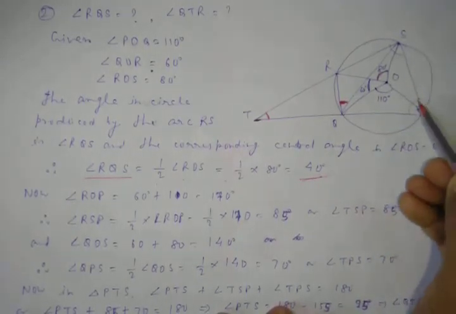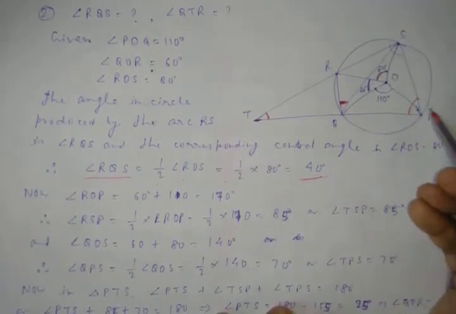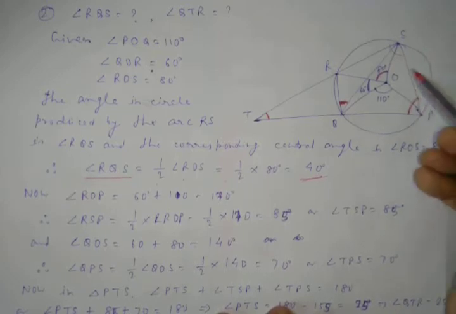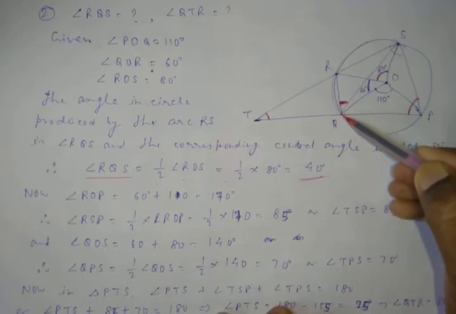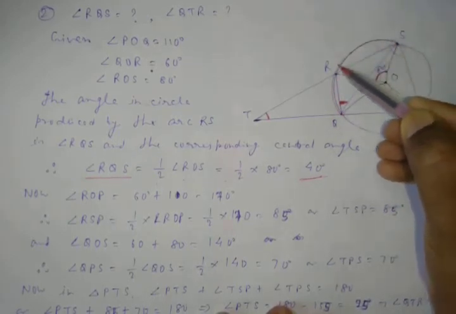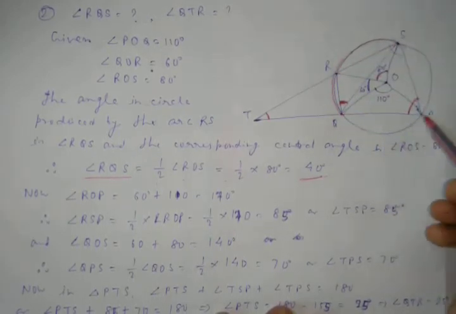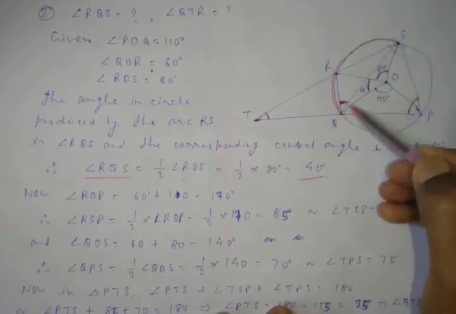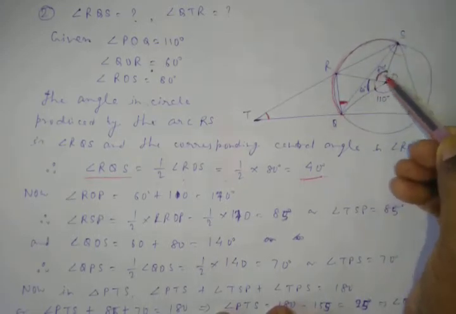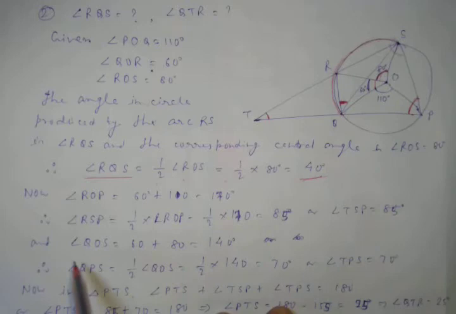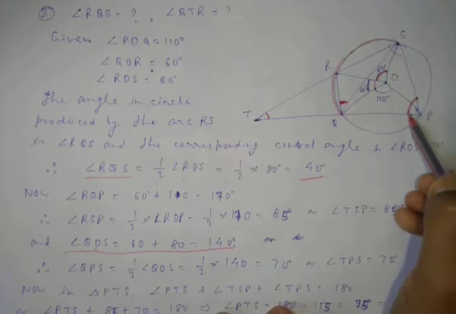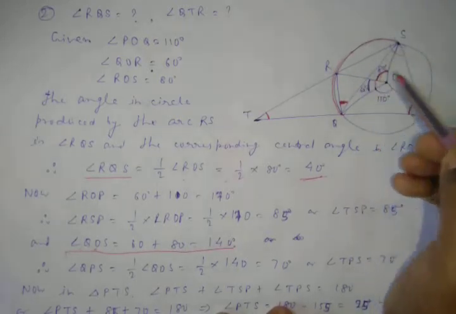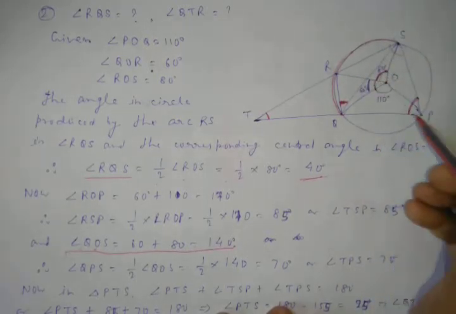See that this angle is subtended by this whole arc here, and this arc subtends this angle here, and this same arc subtends this angle at the center here. So 80 plus 60, that is 140 here. So here I have written angle QOS equals 140. So this will be half of this angle, that is 70 degrees here.